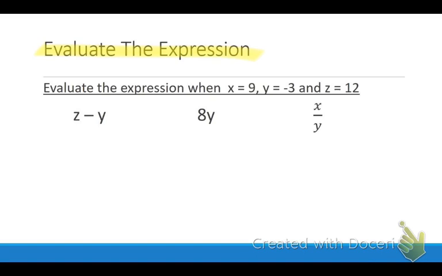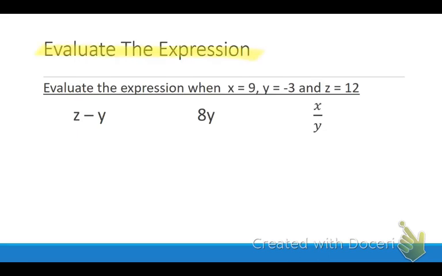All right, so in the first three, you're going to evaluate the expression when x equals 9, y equals -3, and z equals 12. So we make our substitutions, z minus y when z is 12 and y is -3.